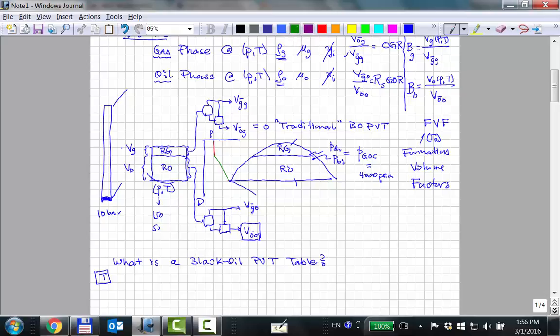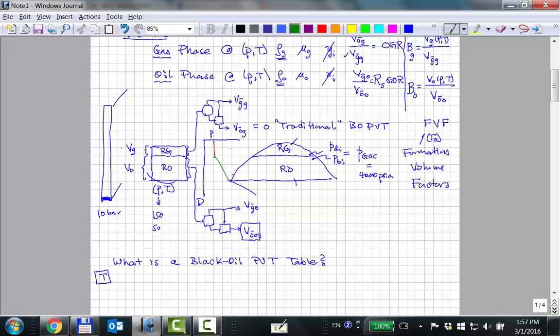Now, I'm going to plot in a dashed line the bubble point pressure. The bubble point pressure is at the contact right there. The reservoir pressure equals the bubble point pressure because it's in contact with the gas.